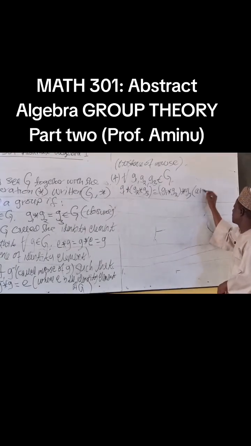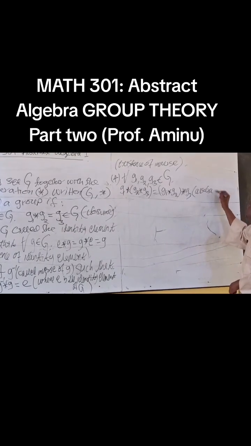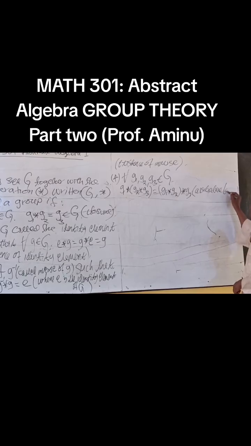This is called the associative law. Okay. So if your group does not satisfy this, it is not a group.